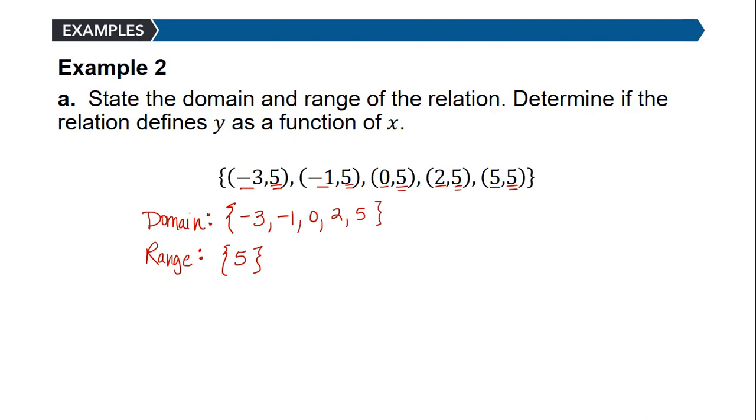And so, is this relation a function? That is, I'm asking myself, how many output values correspond to each input value? So each input value corresponds to how many output values?